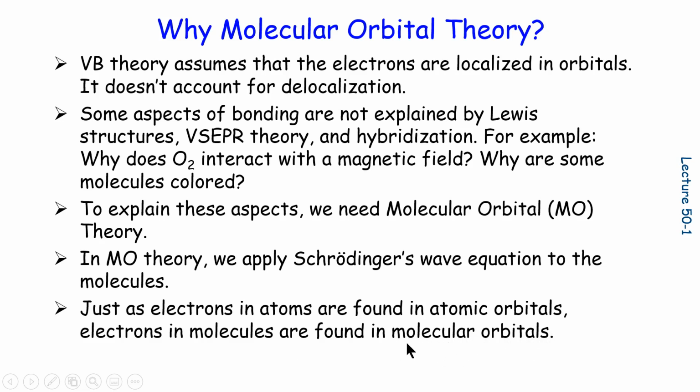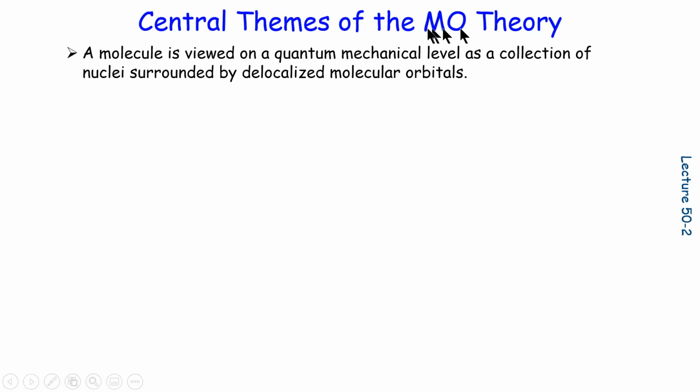You see, we have molecular orbitals versus atomic orbitals. In molecular orbital theory, the molecules are viewed as a collection of nuclei surrounded by delocalized molecular orbitals.